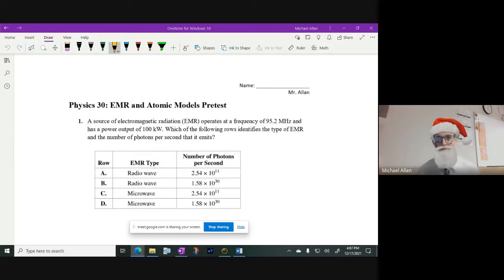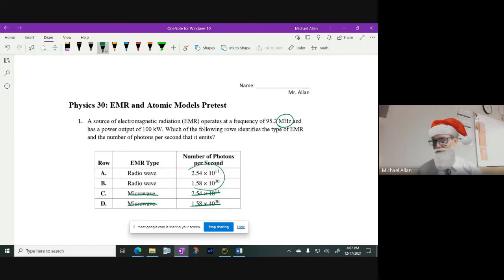So microwaves and Wi-Fi run on the same thing, and the radio stations are all megahertz, right? So I know for sure that this is going to be a radio wave just because of that megahertz piece. So I'm just going to cross off these microwave answers.